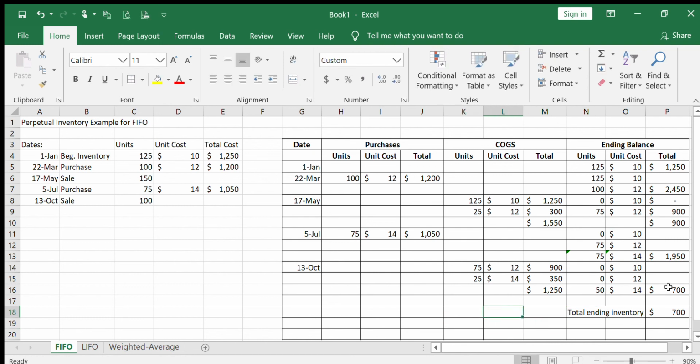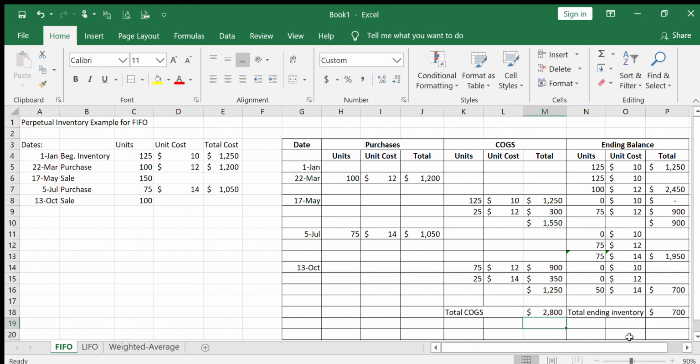Now we have to look at our total cost of goods sold. How we can figure that out is we can add our two totals from our two sales. So our total from the first sale was 1,550, and our second one was 1,250.